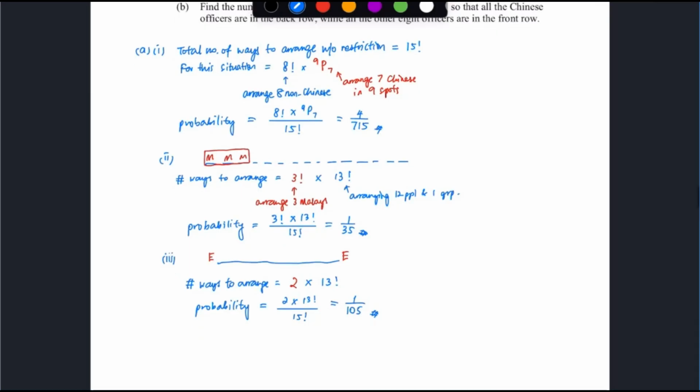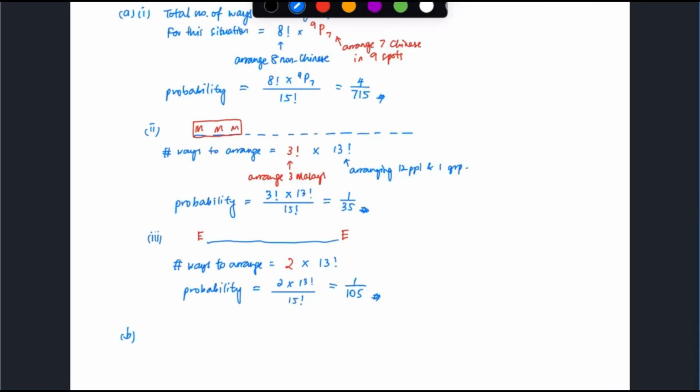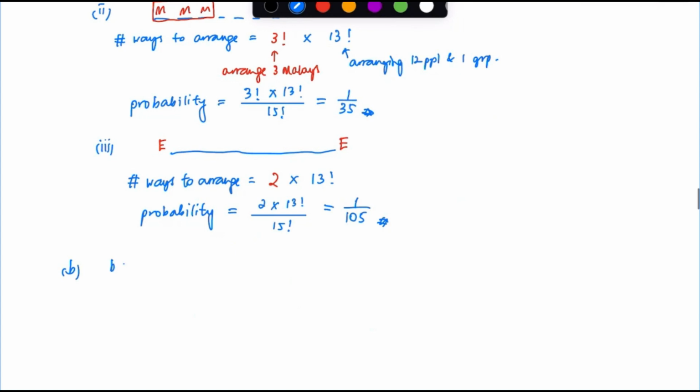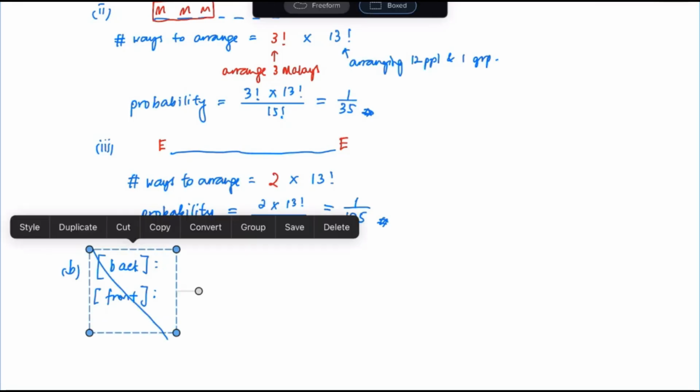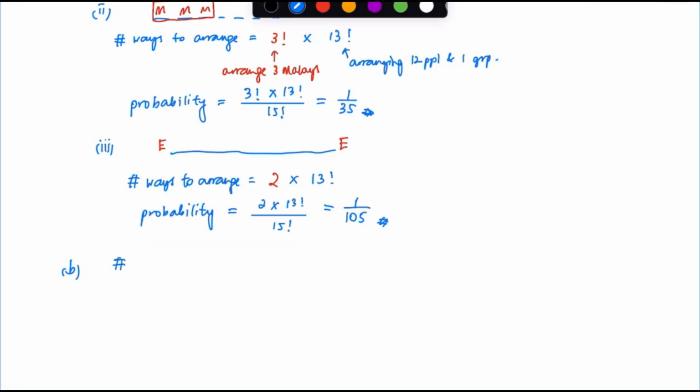So how do we arrange? We have the back row, and then we're going to have the front row, correct? So we need to arrange the back and the front separately. The number of arrangements: how many ways to arrange the Chinese people? 7 factorial. How many ways to arrange the non-Chinese people? 8 factorial.